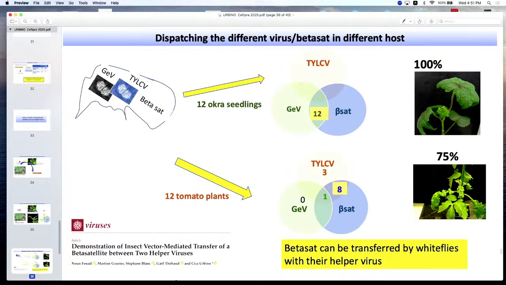And on tomato, we did the same thing, and we observed that 75% of plants had the virus and the beta satellite, the TYLCV and the beta satellite. So we were able to dispatch the different couples to the right plant. This means that the beta satellite can be transferred by whiteflies with the good helper virus.